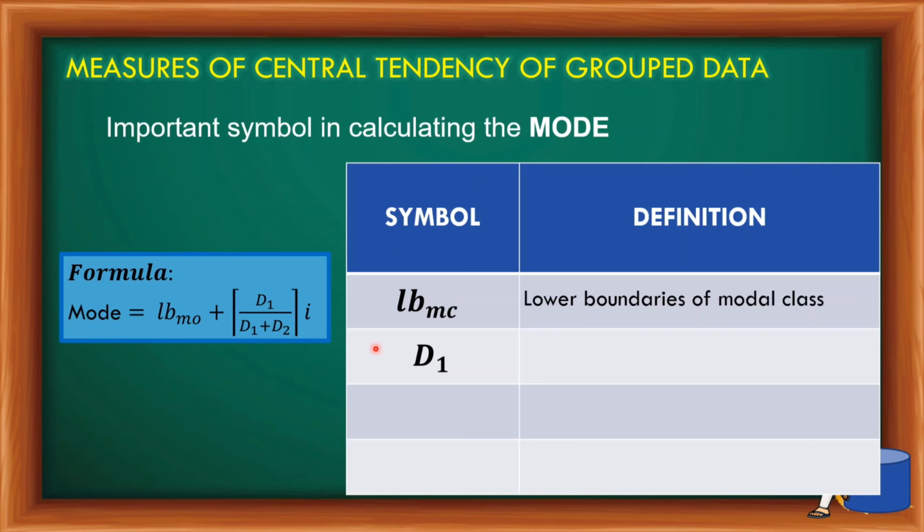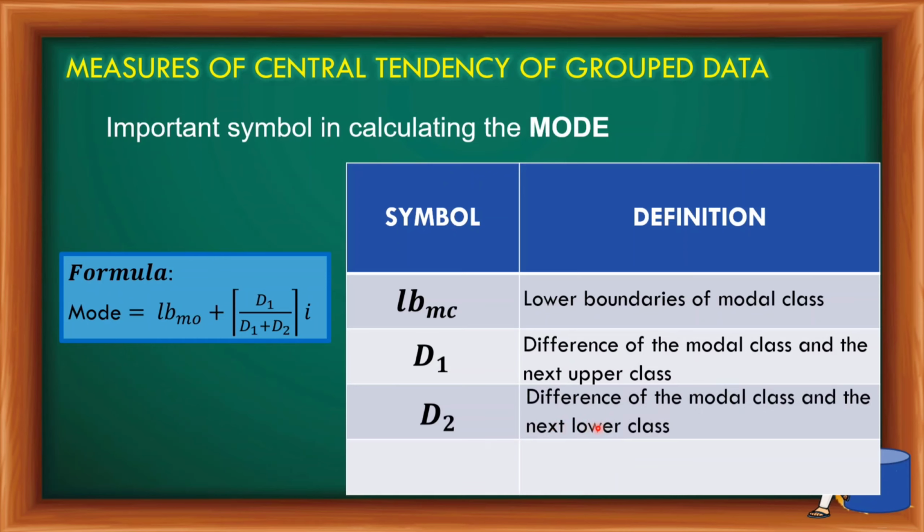Then, d sub 1 is equal to the difference of the modal class and the next upper class. Later on, ipapaliwanag natin yan kapag may sample na tayo. Then d sub 2 is the difference of the modal class and the next lower class. Kung dito upper class, dito naman lower class. Then the last is i. Kanina mayroon na rin tayong symbol nito, which is the class interval.